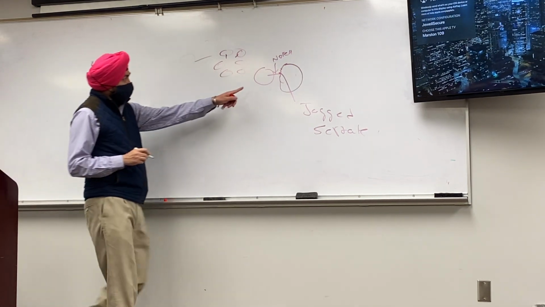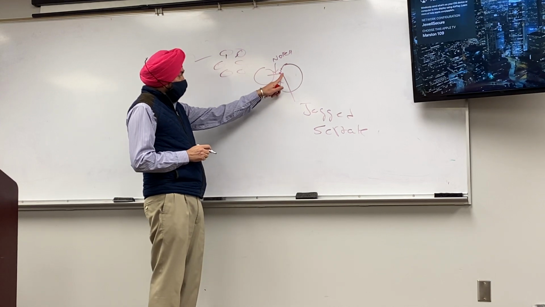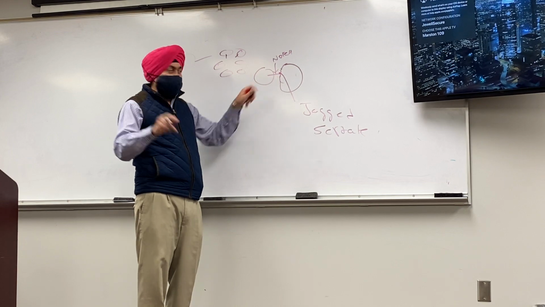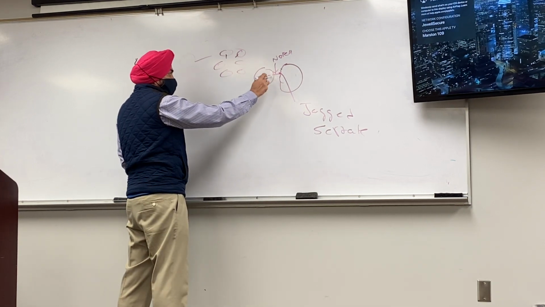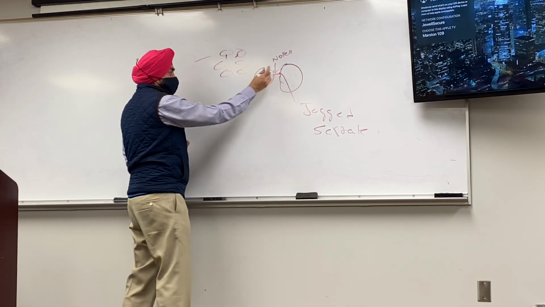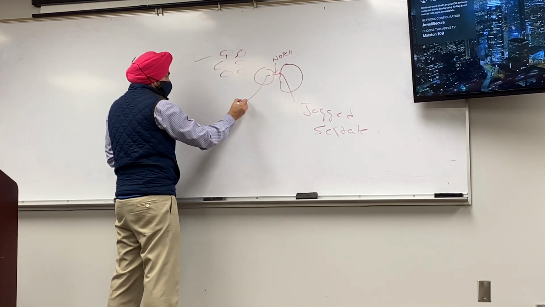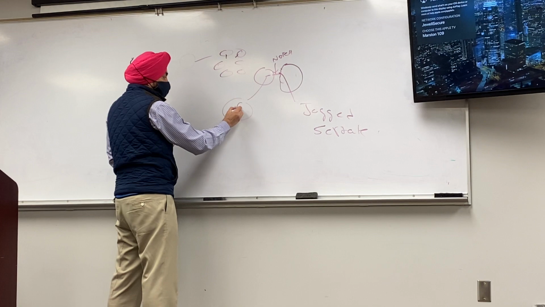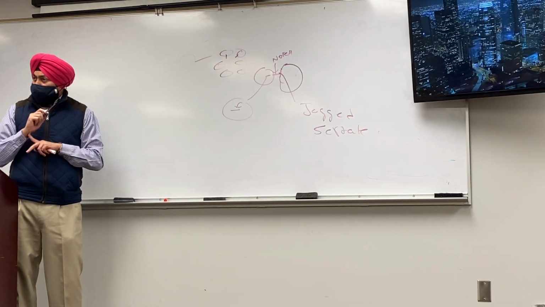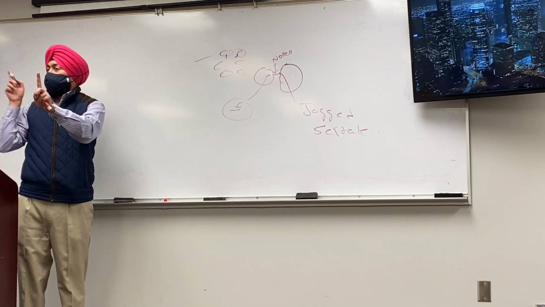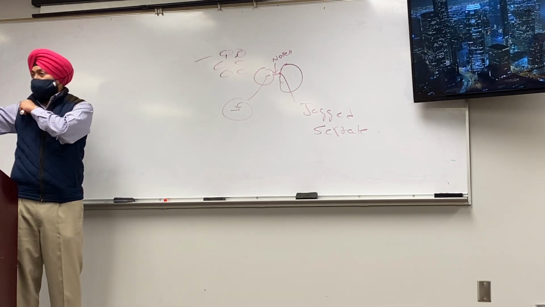So what happens when this binds to that? So these are stem cells, right? What happens is Notch cleavage takes place, this Notch is cleaved. And then this Notch goes to the nucleus. Now, this decides which cell is going to become neuron and which is going to become glia.